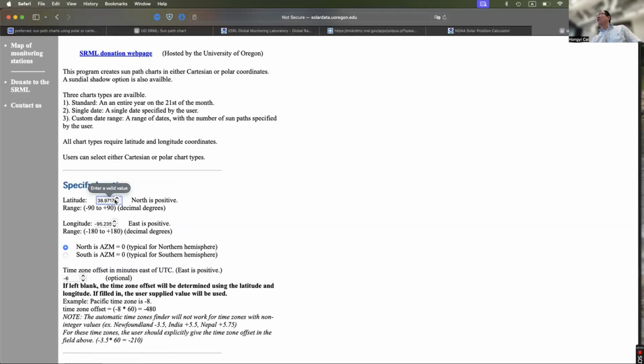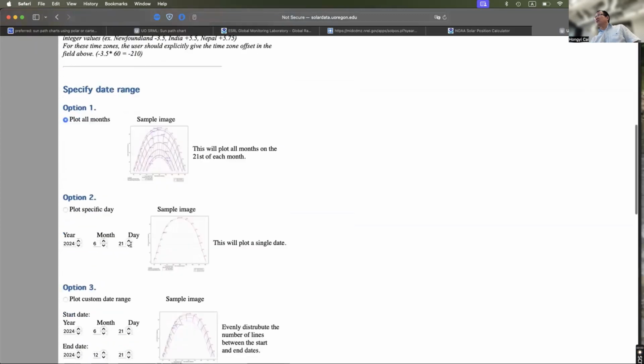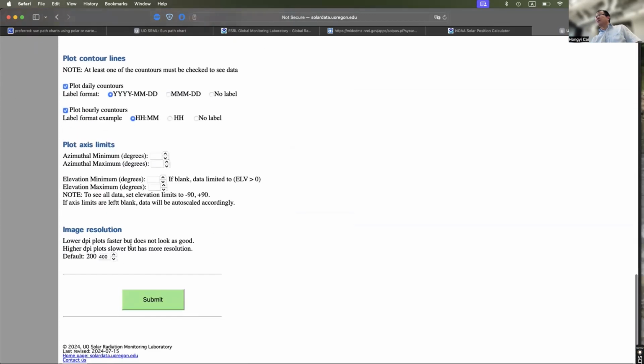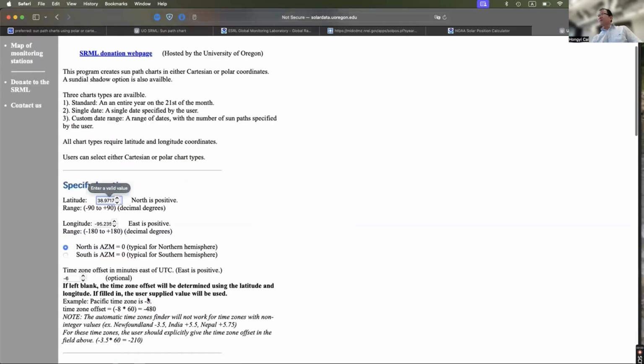Oh, enter valid value. I think it's valid, right? Latitude 38. North is positive, right? It's positive. I think it's valid. Let me try one time. Maybe it asks me to only put 2 digits.